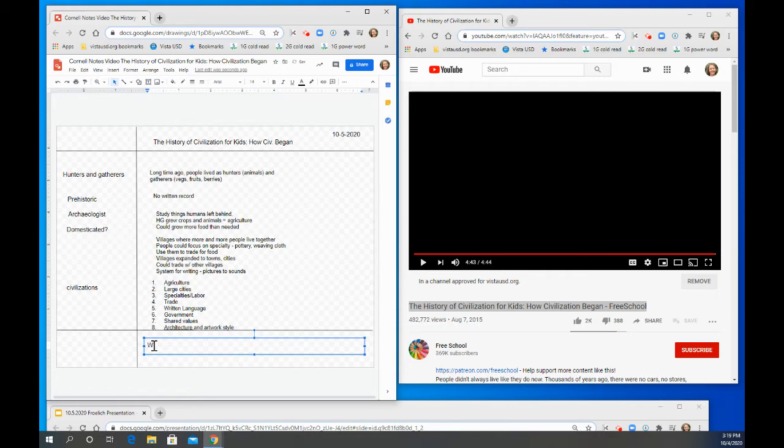So I'm going to put, we learned that hunter-gatherers are people who found their own food a long time ago. And we know about archaeologists from our other notes, so I might not even add much about archaeologists. Maybe just a quick blurb that archaeologists found out that hunter-gatherers learned how to grow. We call that farming, right?